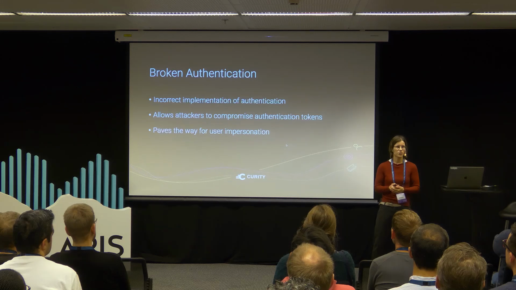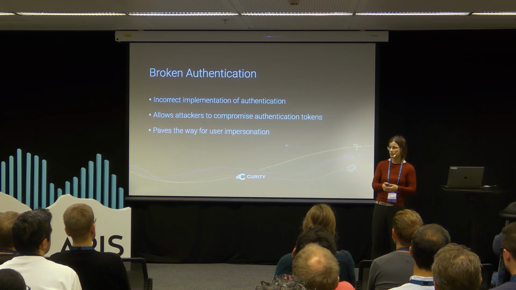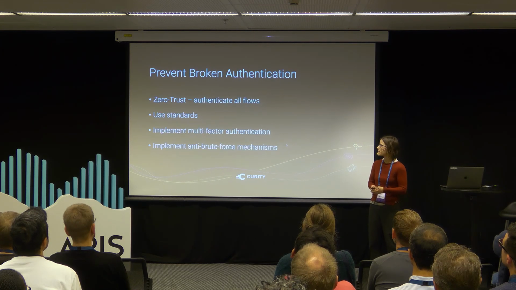And if you impersonate a user, you can do all the tasks that the user is entitled to. Read data, manipulate, update data, or delete data. And you can imagine if an attacker manages to take over an account with high privileges, the potential damage will be severe.